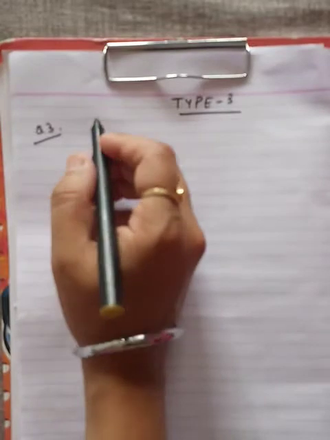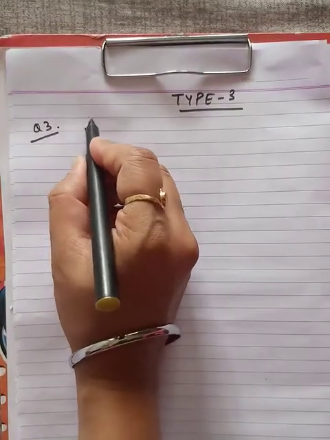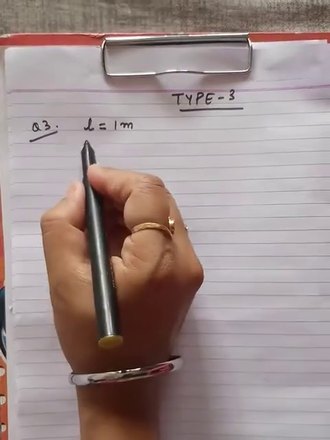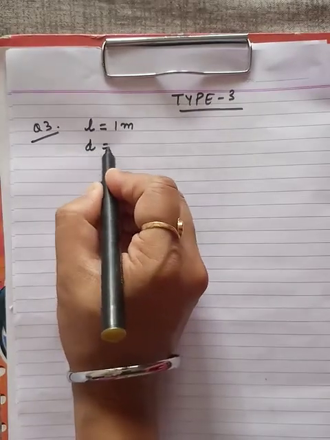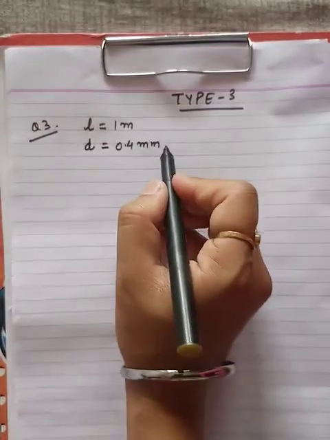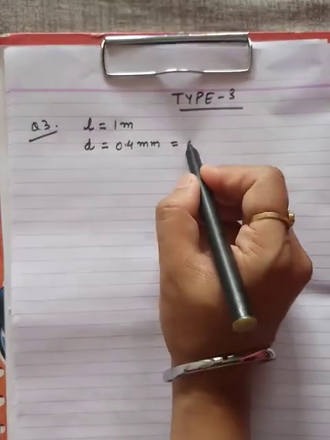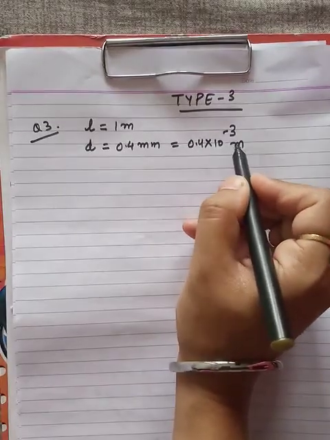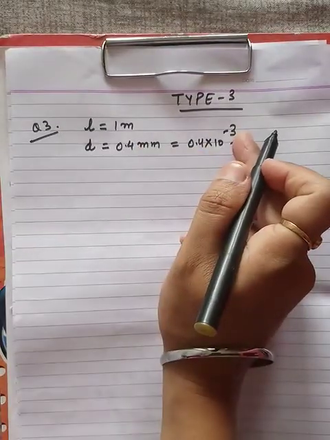So let's write down what is given in this question. First of all, length is 1 meter, diameter is 0.4 millimeter, which can be written as 0.4 multiplied by 10 raised to power minus 3 meters, because milli is 10 raised to power minus 3.